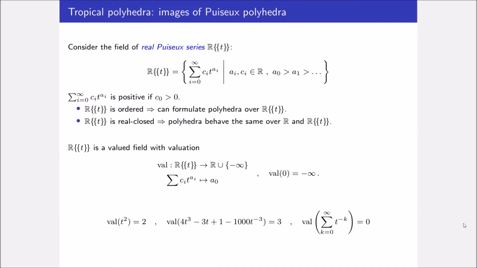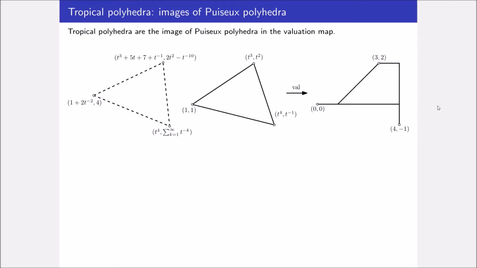And so what we can do is look at polyhedra over the Puiseux series and then take their valuation, and we end up with tropical polyhedra. As an example, ignoring the dotted one for the moment, I have some Puiseux triangle.